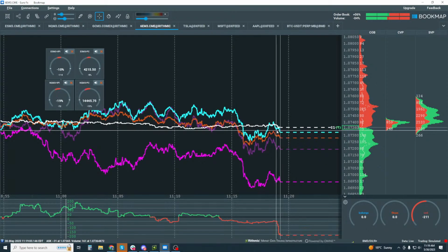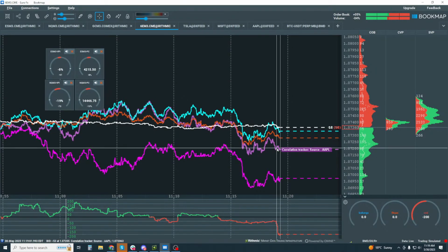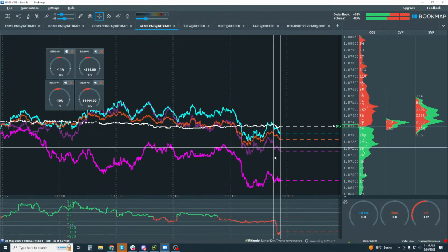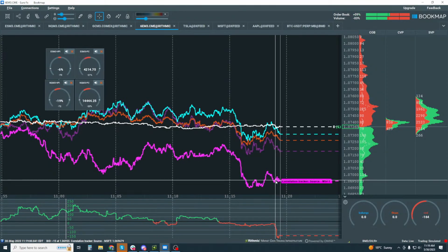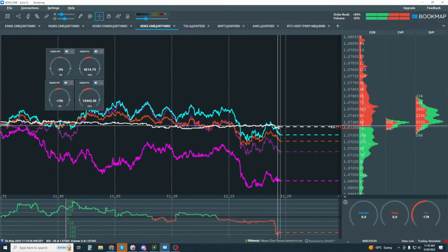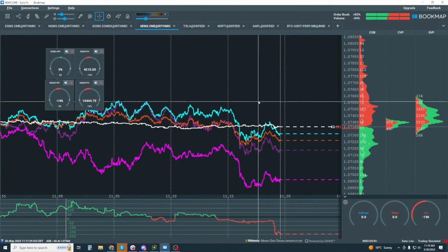What's this dark orange? This is the ES. Okay, so these are the two stock indexes, and then this darker purple is Apple, and the pink here is Microsoft. So I have the euro dollar, two stock indexes, and also two stocks.